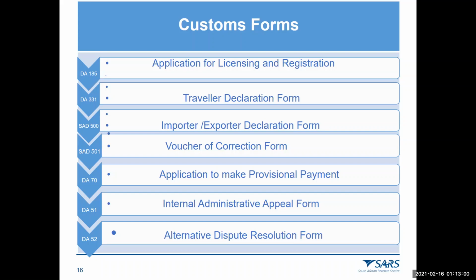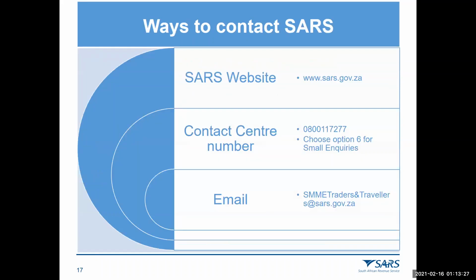So if you want to appeal, as I highlighted in the previous slide, there's a form DA 51 that you need to complete for the internal administrative appeal process, which is also available on our system. And then for the alternative dispute, if you are not happy with the internal appeal at the branch level, you go for the DA 52 form, which is also available on our website.